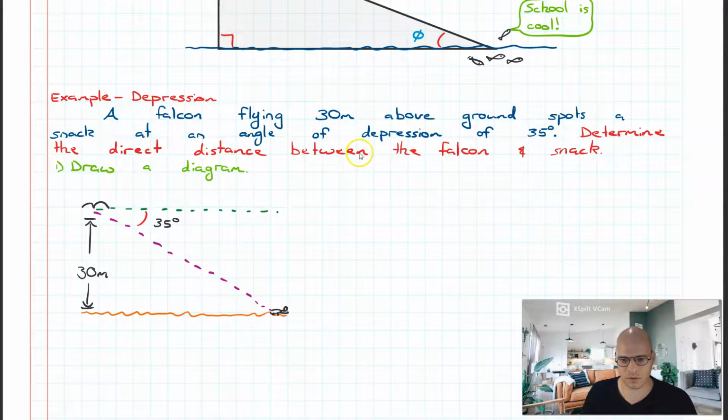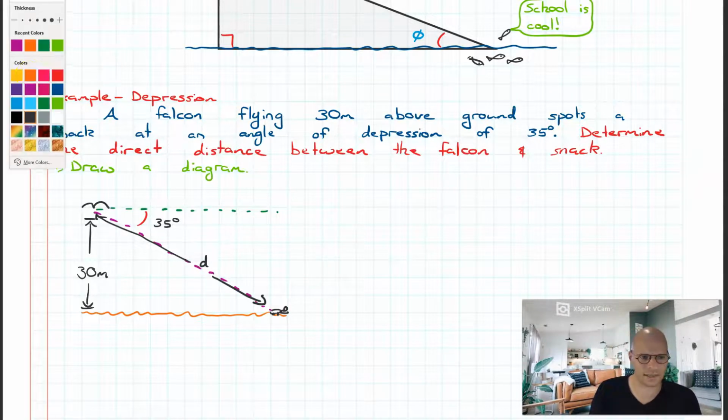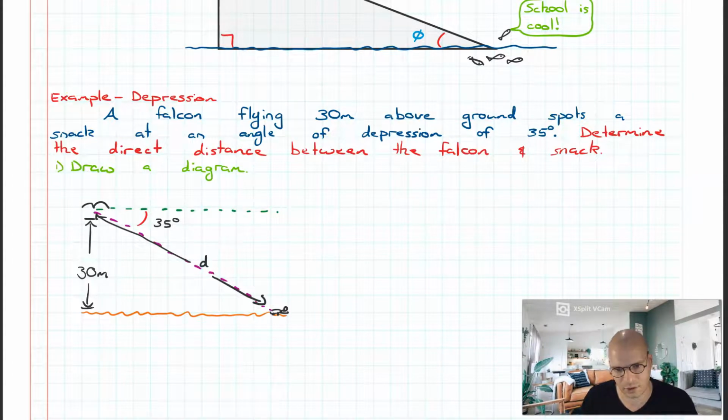Now, what we're looking for in this particular question is the direct distance between the falcon and the snack, shown by this purple line over here. So we want to know, what is this distance? We'll call it little d. The next step for solving these sorts of problems is we need to draw a triangle.